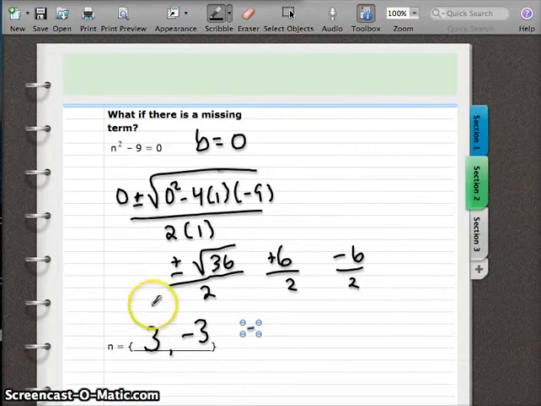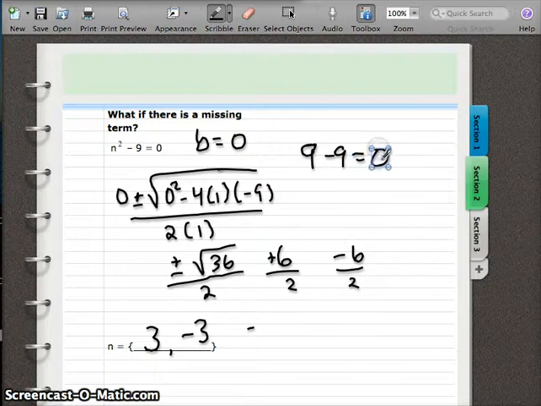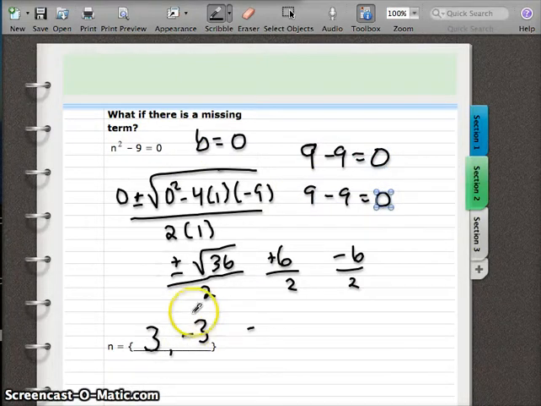Check it. If you substitute 3, 3 squared is 9, and 9 minus 9 is 0. Well, this is why we have two answers, because negative 3 squared is also 9, and 9 minus 9 is still 0. So both of these are possible values for x in this quadratic.